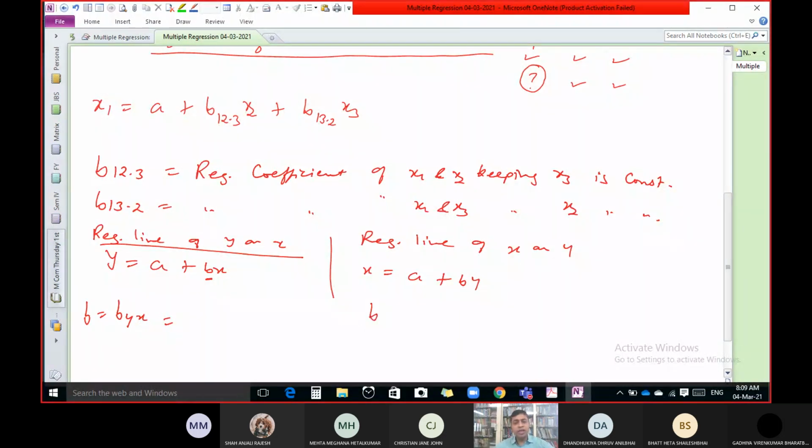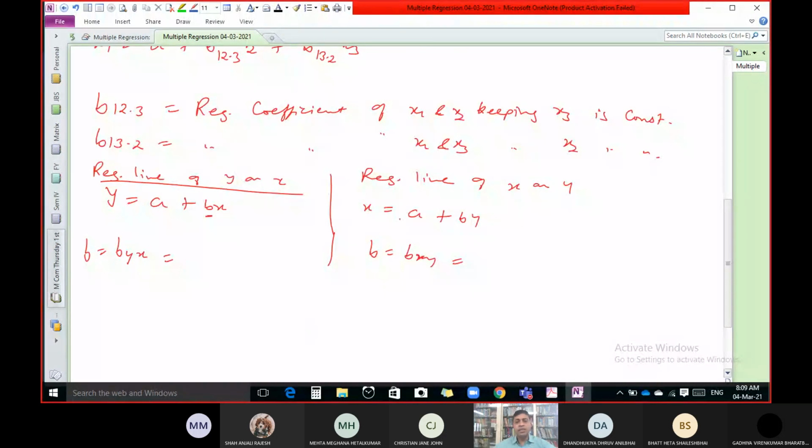What are byx and bxy? They are the regression coefficients. byx is the regression coefficient of the regression line y on x, and bxy is the regression coefficient of the regression line x on y.